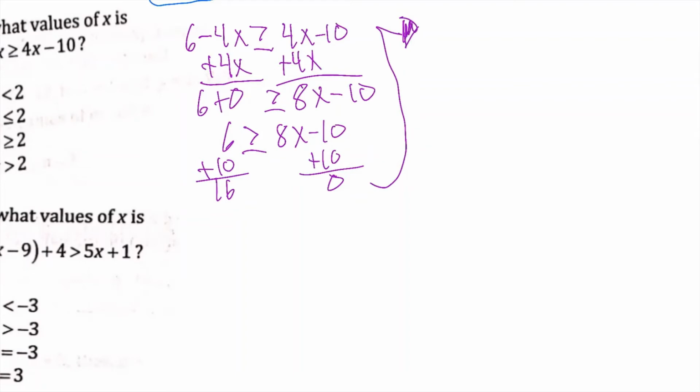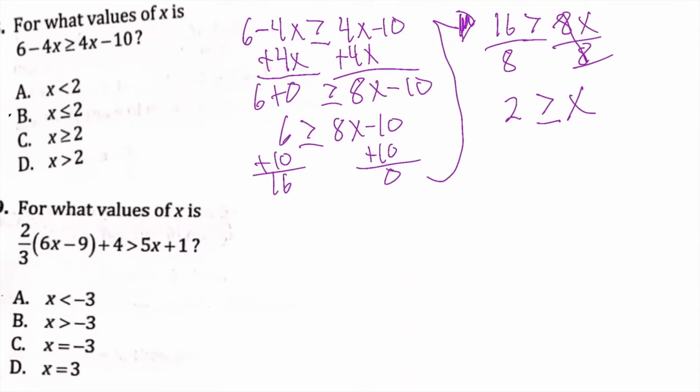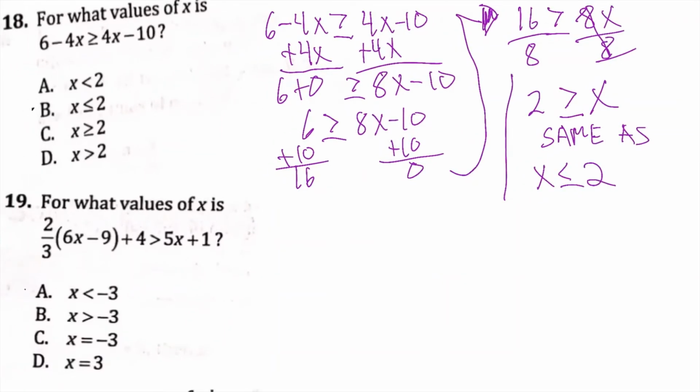So we have 16 is greater than or equal to 8x, divided by 8 to both sides. 16 divided by 8 is 2, greater than or equal to x. This is just 1. So then this is the same as x is less than or equal to 2, right? Because don't get them confused, they're the same.